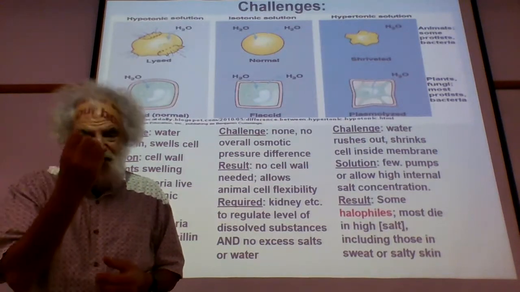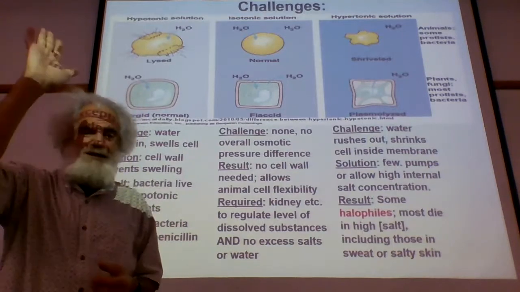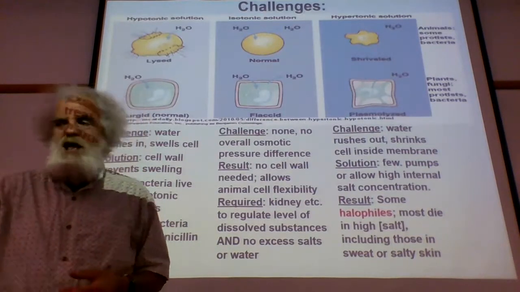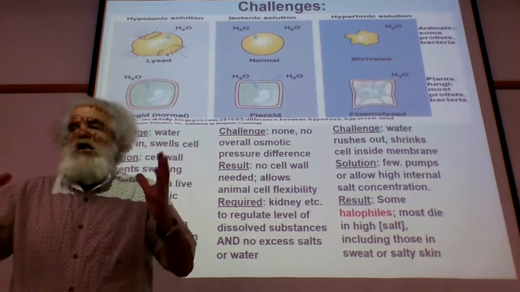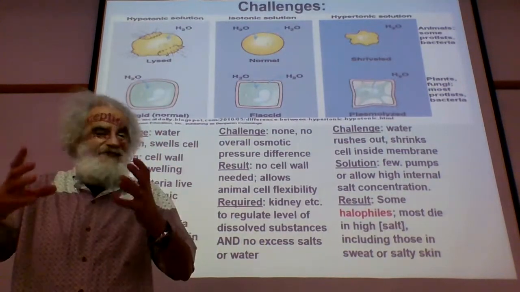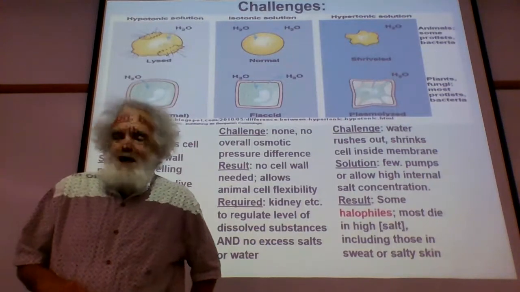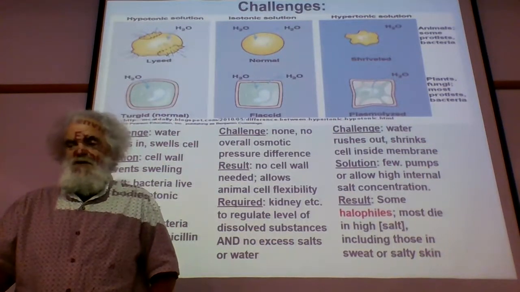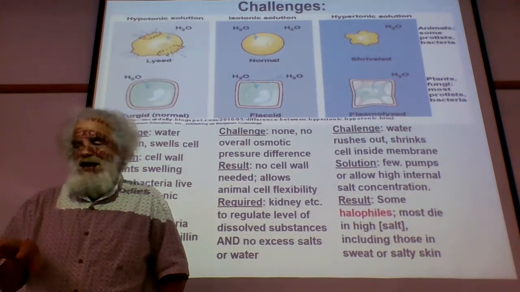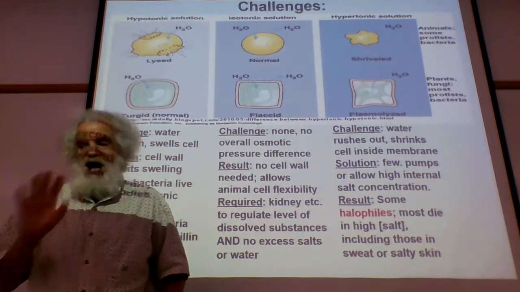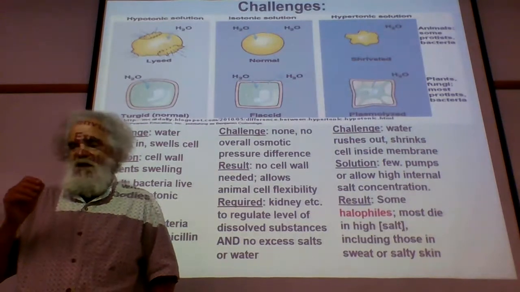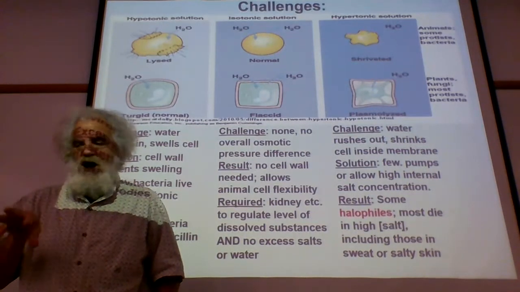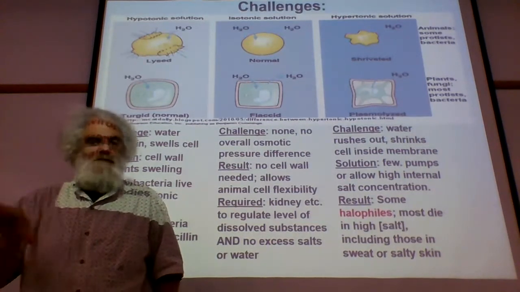The cell will begin to shrink, not so good, makes your plants droop, they're sad, and the bacteria and fungi begin to shrivel up inside their cell wall. And what this means is they're going to die in a high salt solution, or they're going to end up not being able to survive very well.